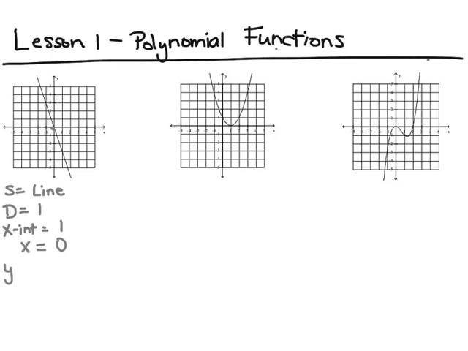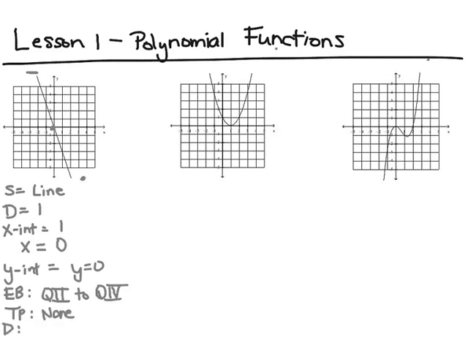We know there's one y-intercept, and just so you know, there's only ever going to be one y-intercept. And it's also right here at y equals 0. The end behavior, it starts up here in quadrant 2, and it goes to quadrant 4. There's no turning points.